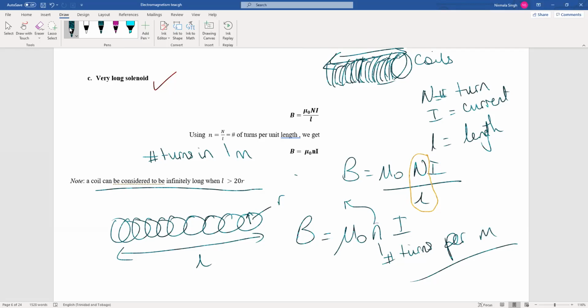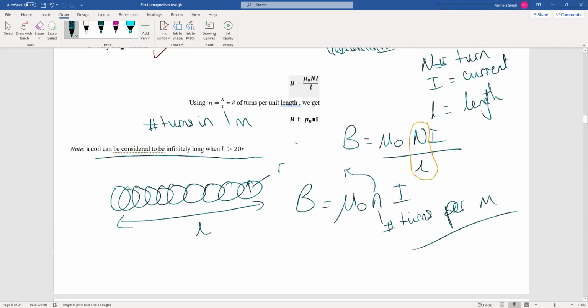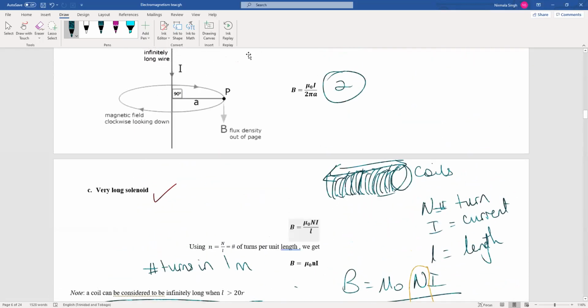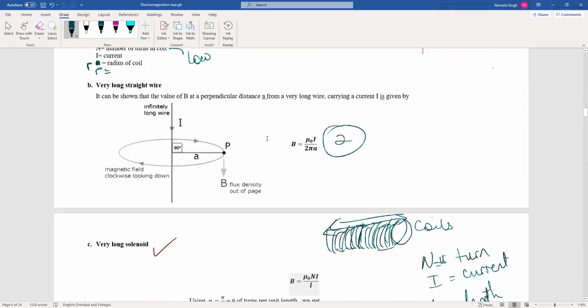Why is it infinitely long? When they work out the mathematics, I think they introduce infinity in there somewhere and something cancels with each other. So just remember, they will ask you when can a coil be considered to be infinitely long? Once the length of the coil is more than 20 times the diameter, not the diameter, 20 times the radius of your solenoid.